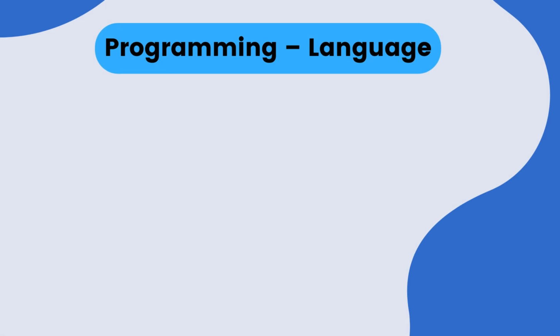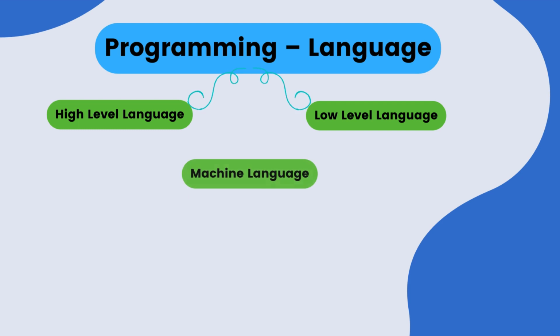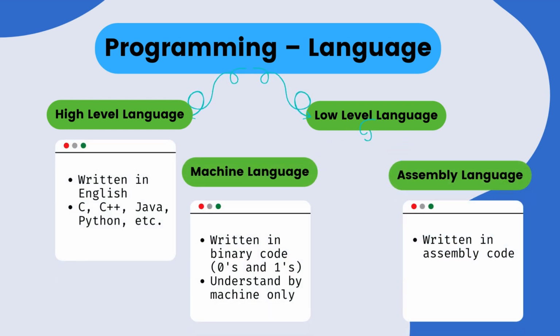In the programming world, programming languages are broadly classified into two types: high-level language and low-level language. Low-level languages are of two types, that are machine language and assembly language. Machine language is written in binary code, which consists of zeros and ones. As we know, the English language has 26 alphabets. If you want to frame any word in English, you have to use these 26 alphabets only.